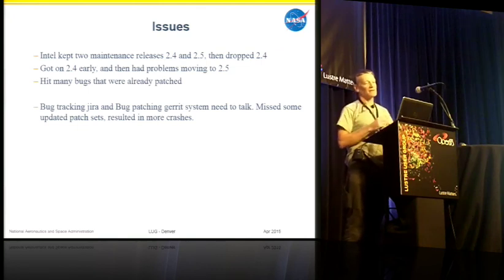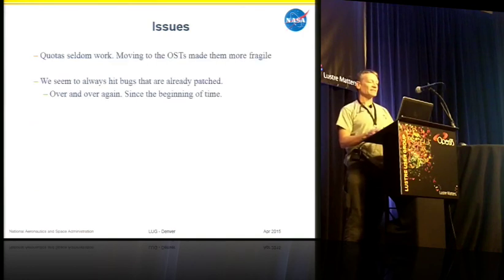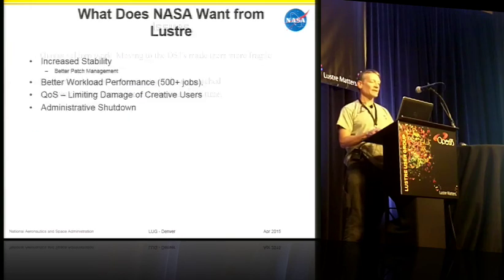Intel had stopped giving updates to 2.4, so we had this problem where we started hitting bugs that were already fixed. I think there are some process improvements there. Resilience, I think there's some work to be done there. Single client performance is certainly an issue, and quotas seldom work.